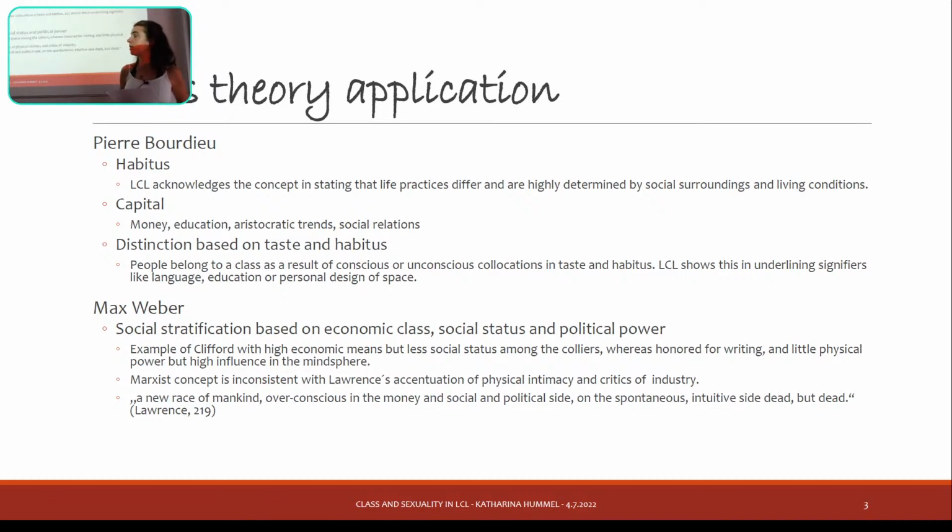Another form of capital is education, and also the whole cultural capital thing: language, also traditions, aristocratic trends. And I have found some quotes. One is about Mellors, of whom it is said, "He'd been a clever boy, had a scholarship for Sheffield Grammar School and learned French and things, and then after all had become an overhead blacksmith shoeing horses.